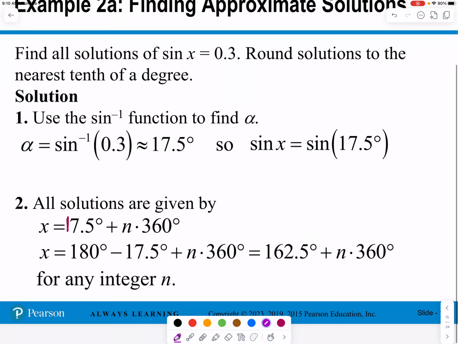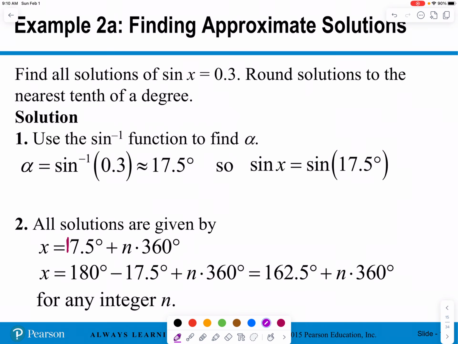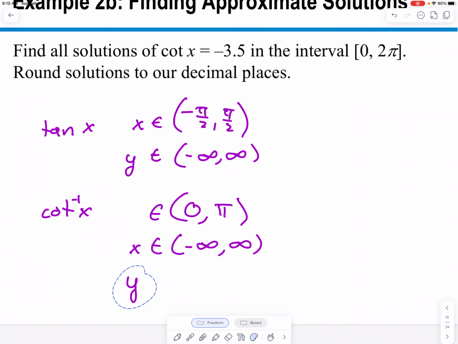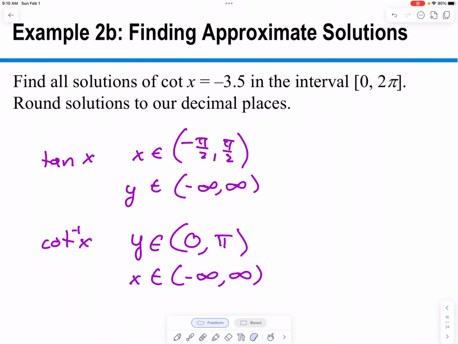When we investigate arctan, these guys switch places. Our domain is now all reals, and our output we should get results from 0 to 180, or 0 to pi. So when we do inverse cotan, let's put that in our calculator to make sure that we get a result between 0 and pi.